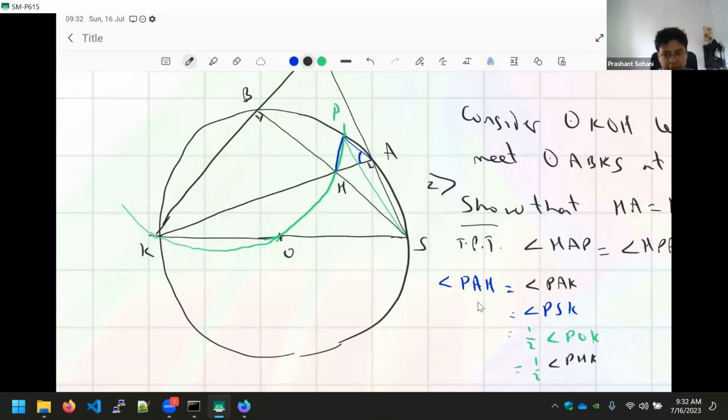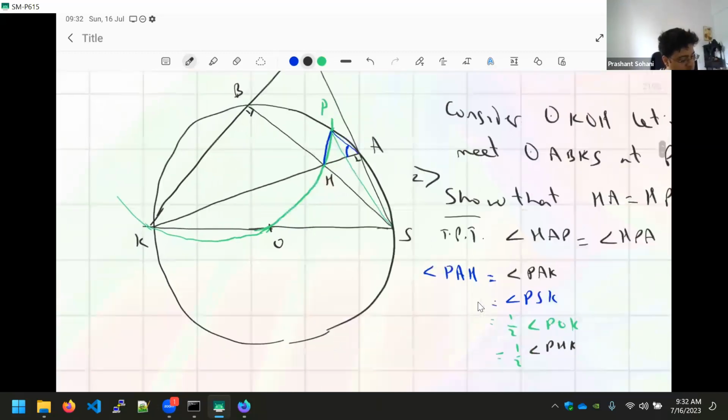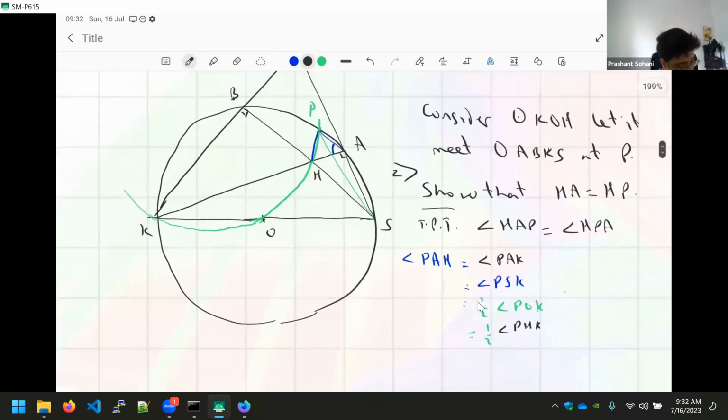And so, at this point, you can see multiple ways to proceed. For example, we know that PHK is actually the sum of the two angles we want to show equal, right? So, PHK is equal to HAP plus HPA. And so, therefore, combining this and this, it means that in fact these two angles are equal.